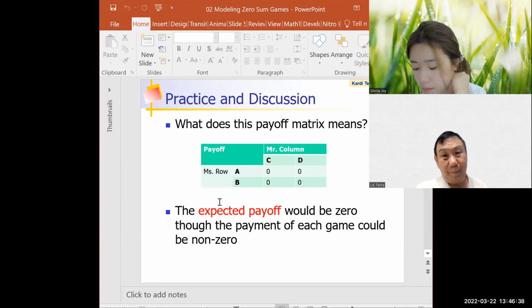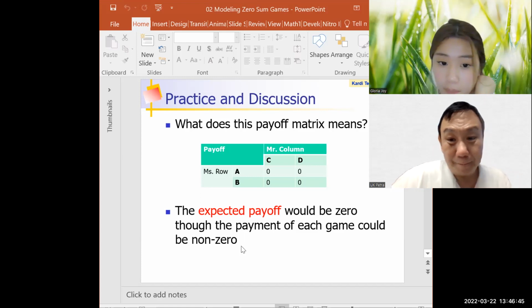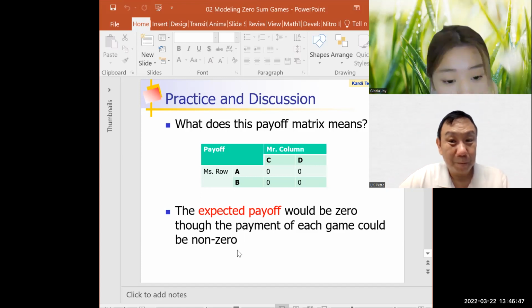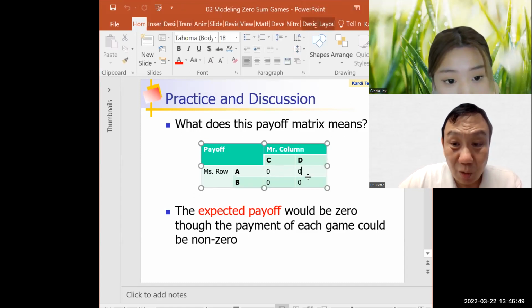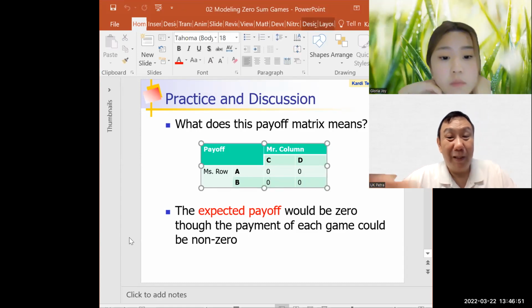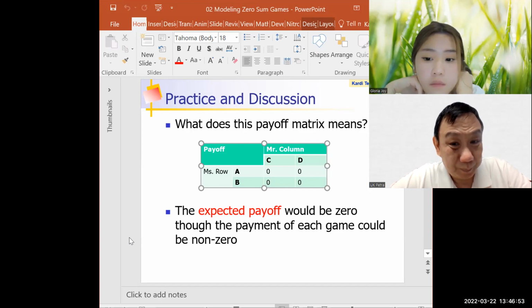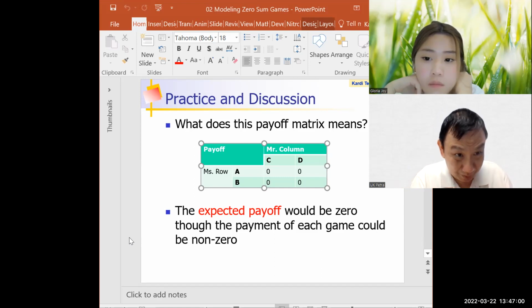So now, what do you think about this payoff matrix? If all zero, what is the meaning? If the payoff is zero, what is the meaning?